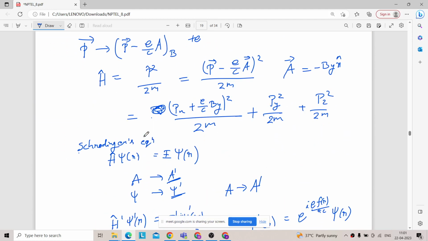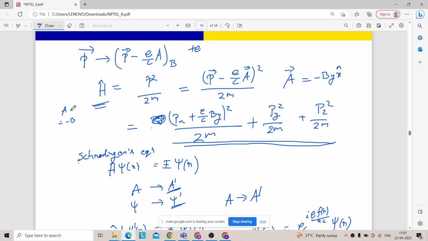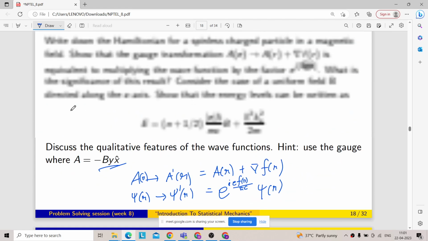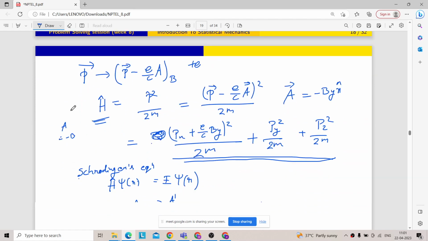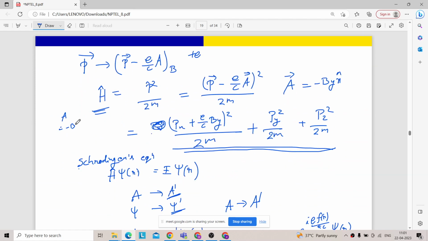We have written the Hamiltonian explicitly like this. In the presence of this vector potential A, which is given as minus B y x cap, our Hamiltonian will take this form.